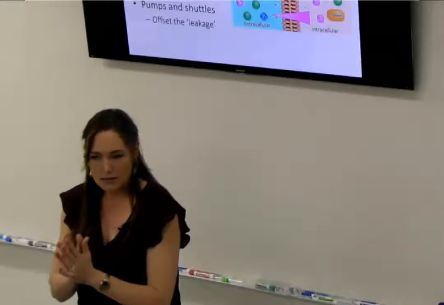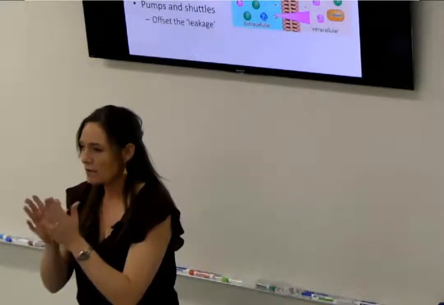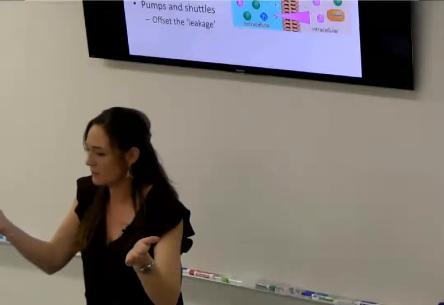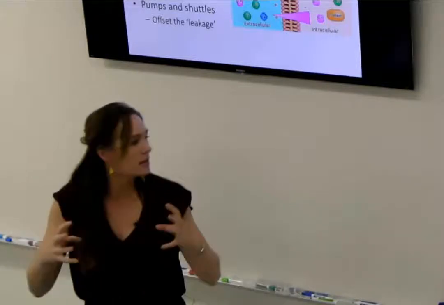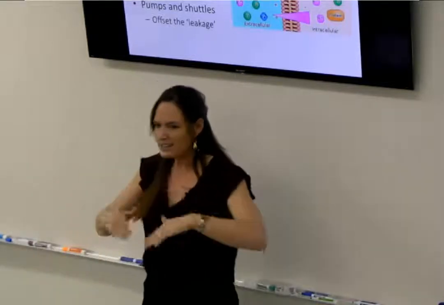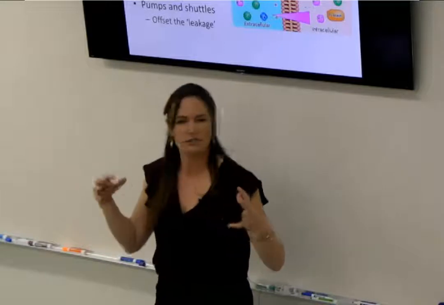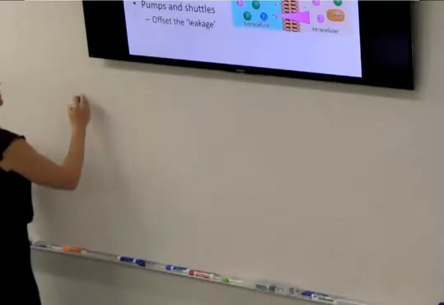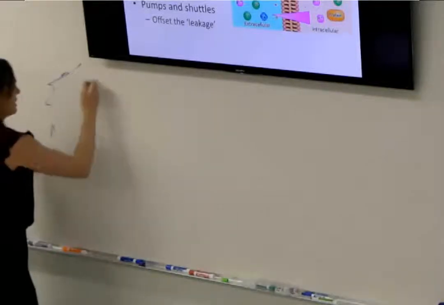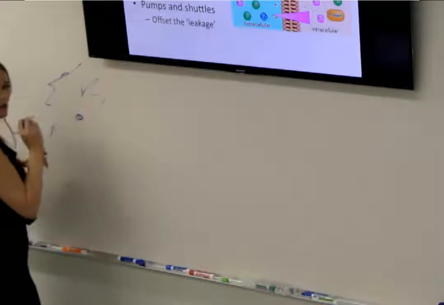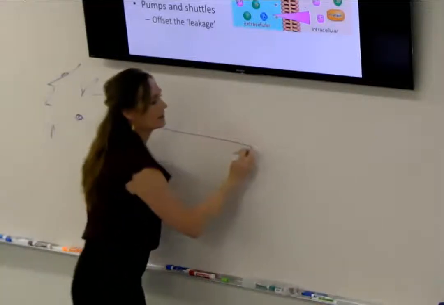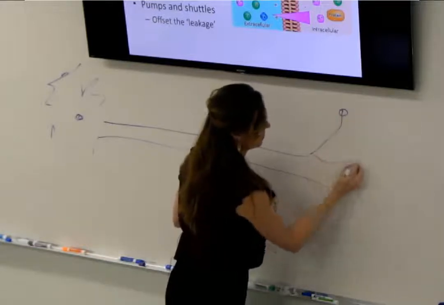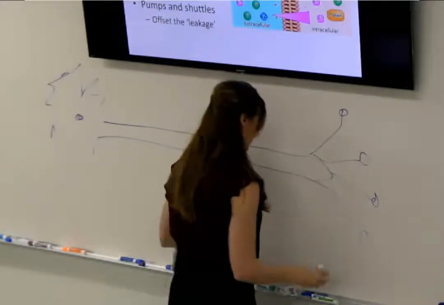So at rest, a neuron, nerve cell, is going to have these charges separated. And because a single cell inside has a lot of proteins and cell stuff in there, it tends to be really negative. So if we have our dendrites, there's our little nucleus, we have our axon, and it's going off to two little axon terminals here.